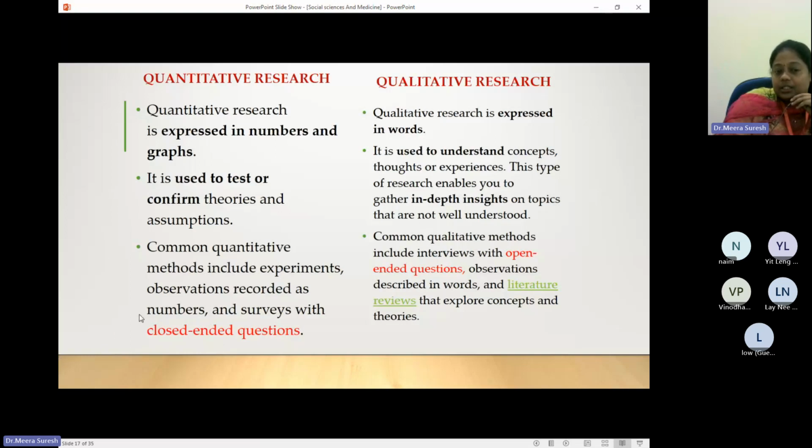So they make the questions in quantitative research closed-ended, but in qualitative, because it is going to be a qualitative analysis of what they are thinking, the questions will always be open-ended. Well, the question will be, what do you think about it? So the person can say anything.